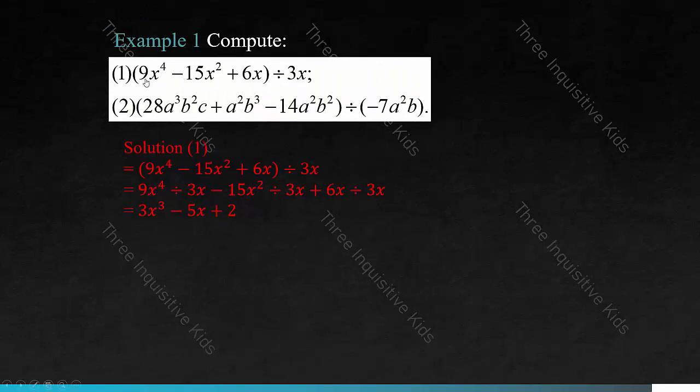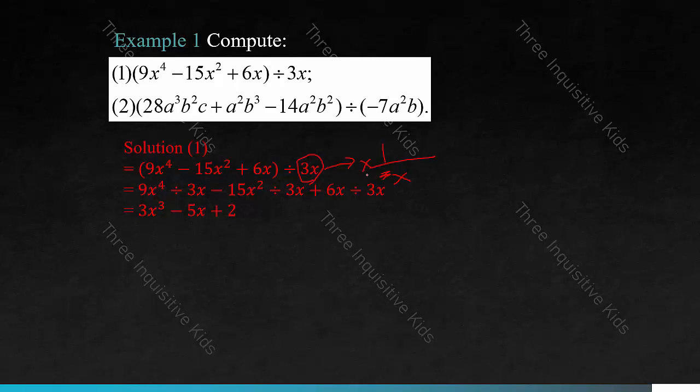Solution 1 is the sum of 9x to the 4th power, negative 15x squared, and 6x divided by 3x. Here we're going to apply the distributive property of multiplication. Here they kind of skip this step, because when you're a beginner, it's easier to first rewrite this divided by 3x into a times 1 over 3x.